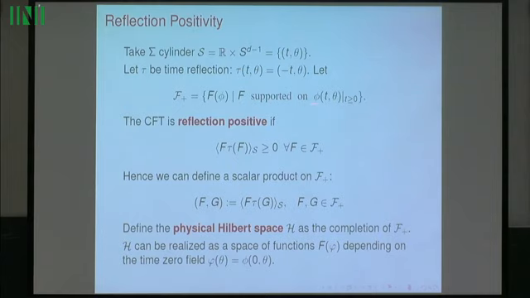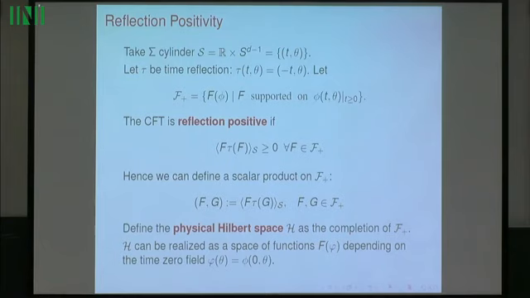Then the conformal field theory is reflection positive if the following expectation is non-negative, namely you take this F and you reflect it. So this lives on positive times and this on negative times, and this expectation should be positive for all such observables.